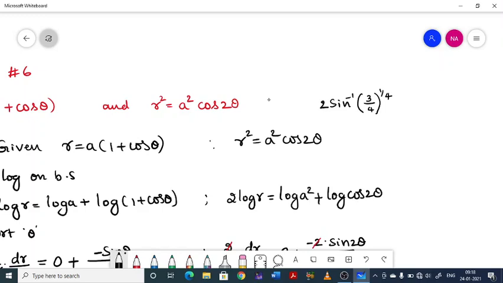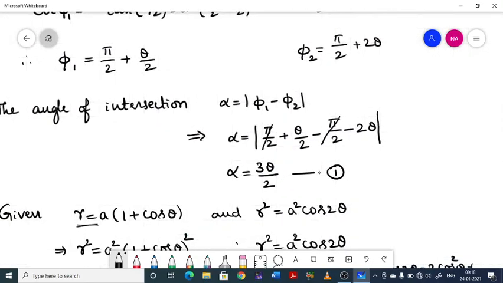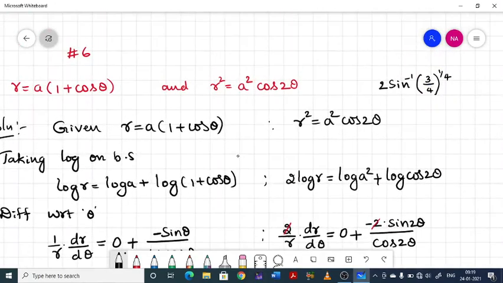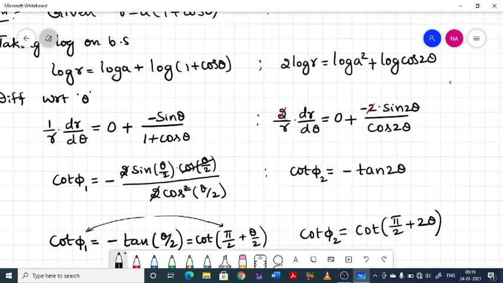So usually if they ask you to find the angle of intersection, then you can stop here by finding theta, then substituting the value of theta in equation 1. That will be the solution. But sometimes they specifically ask you to prove the angle of intersection of these two curves to be 2 times sine inverse of 3 by 4 whole power 1 by 4. In such a case, when you are asked to show the angle of intersection is equal to this, then you have to continue, or else you can stop here only.